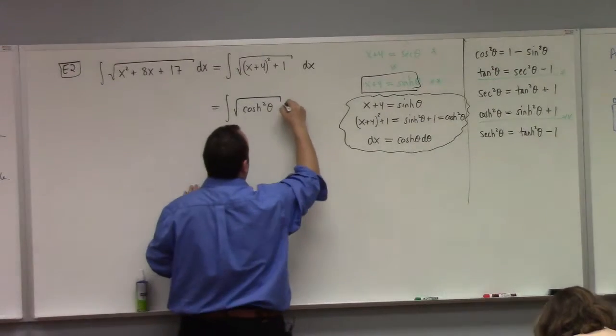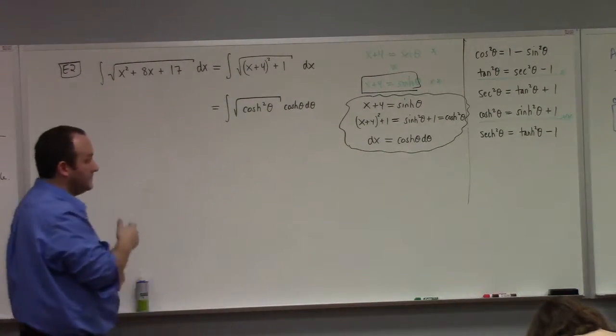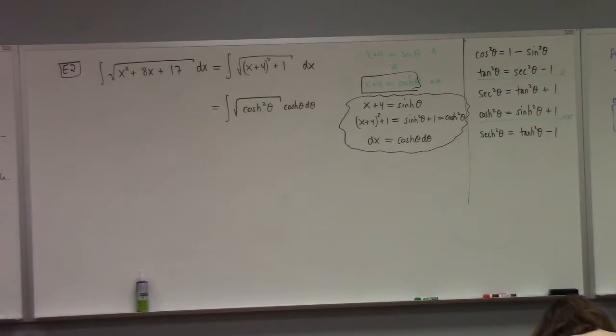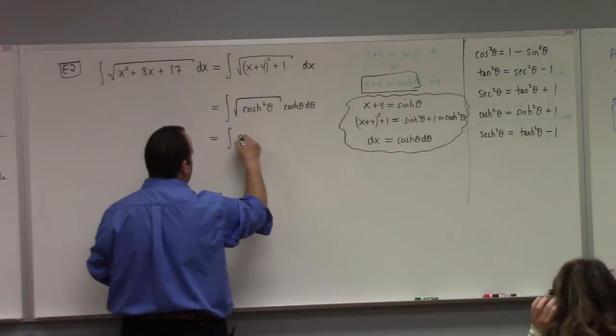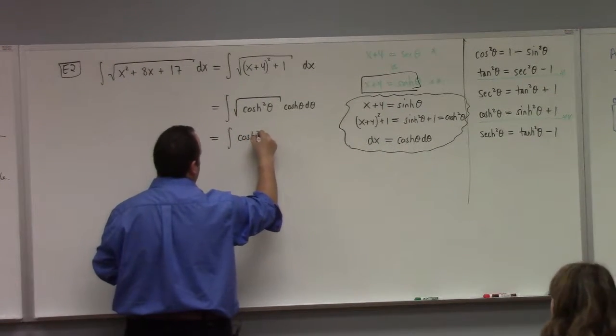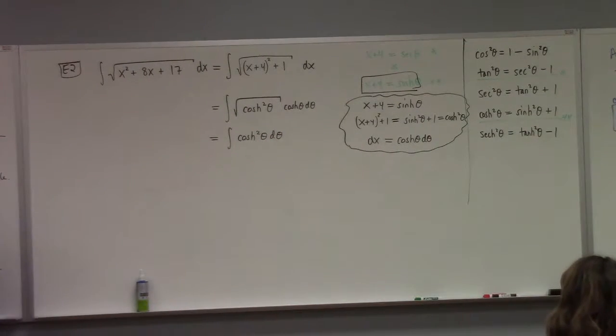The dx is just going to be cos theta d theta. It's kind of the same example as the first one, isn't it? Cos squared theta d theta, but this time we're looking at hyperbolic cosine squared.